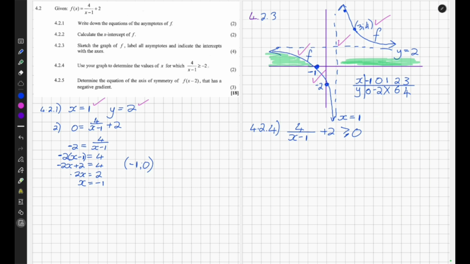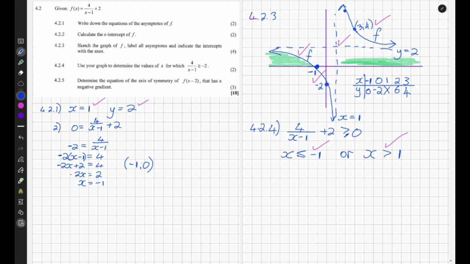So to write the answer, I can say this graph is greater or equal to 0 when x is smaller or equal to minus 1, or when x is greater than positive 1. You'll notice I included the minus 1 because the question included 0, but I never include an asymptote. You will lose your marks if you include the asymptote. So where would you get your 2 marks? Basically, 1 mark for each of your answers.